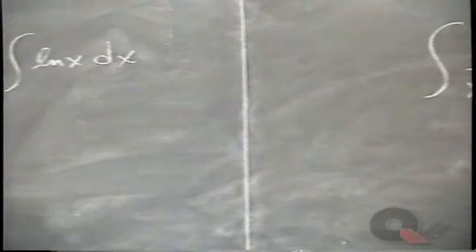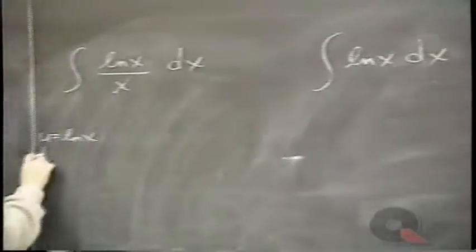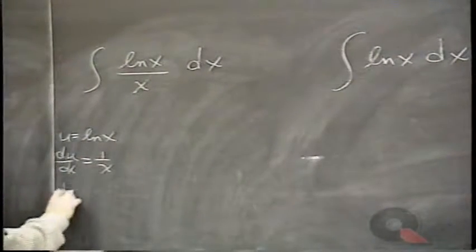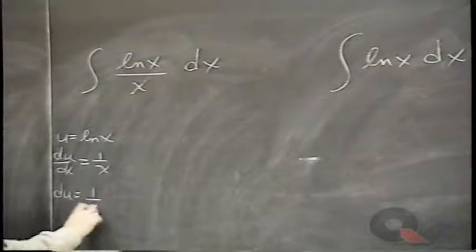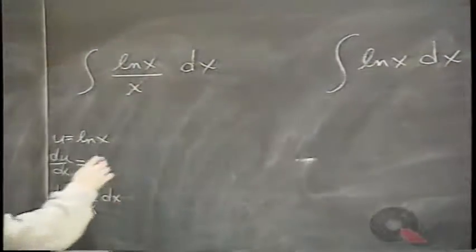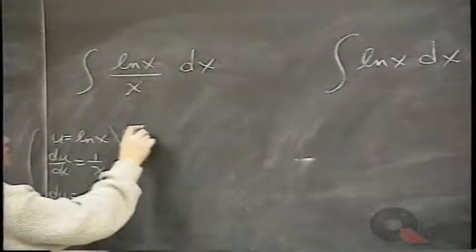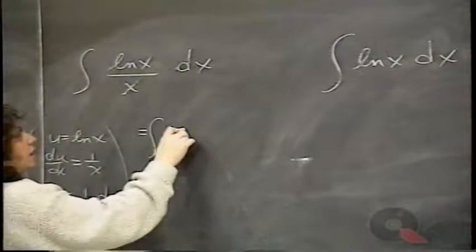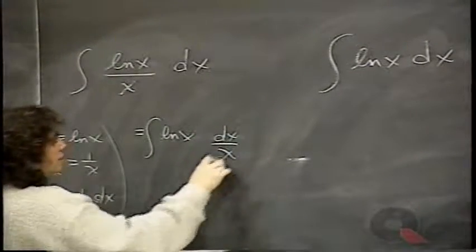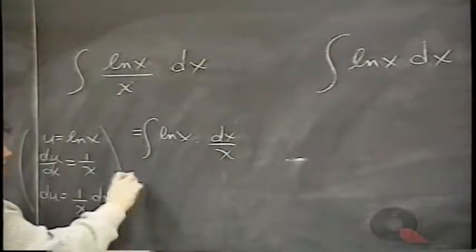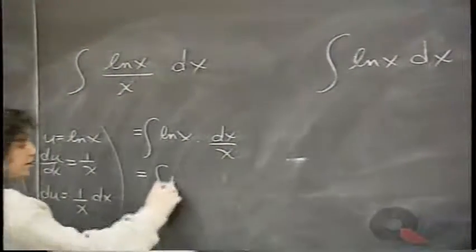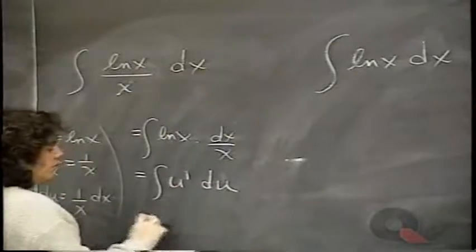If we let u equal ln x, then du dx is 1 over x, and du is 1 over x dx, or dx over x. So it turns out that this problem, which is ln x times 1 over x dx, or dx over x, is exactly the integral of u to the 1 du.